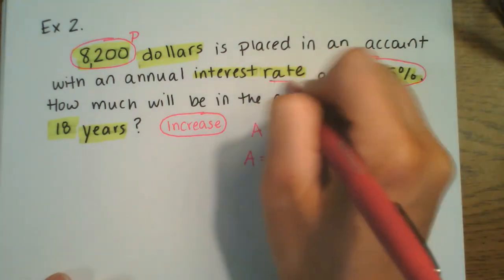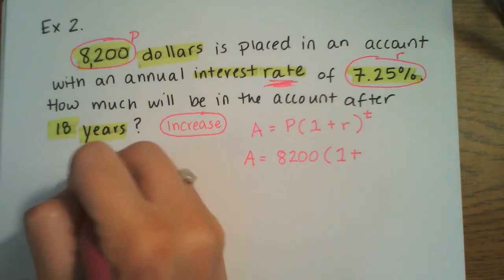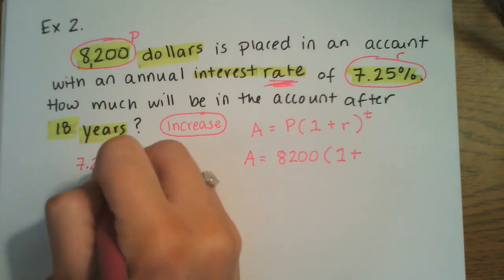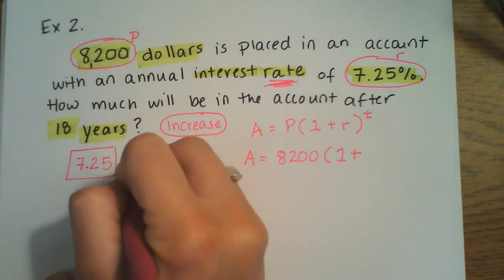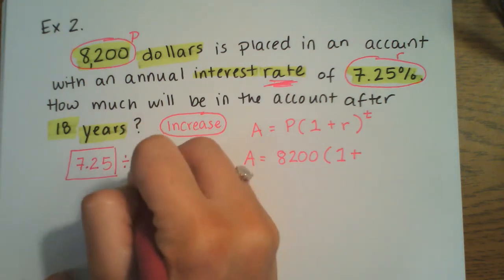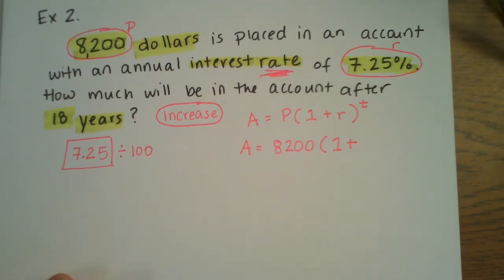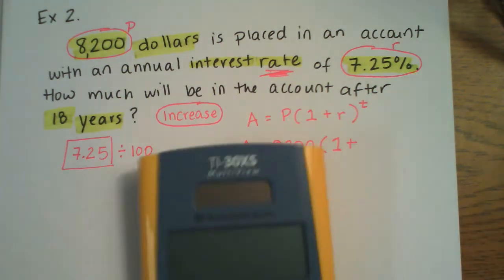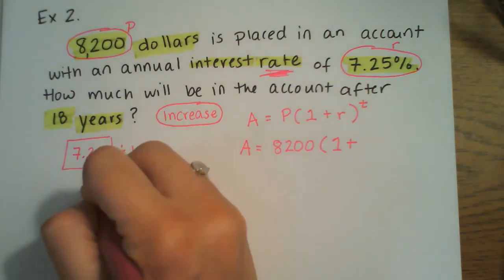They said it's your rate, your R, and whatever's given to you, you have to divide that by 100 before you place it into your formula. 0.0725.